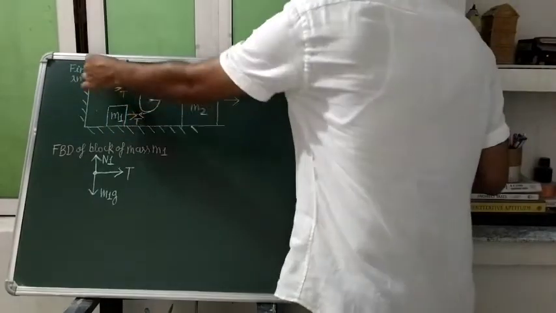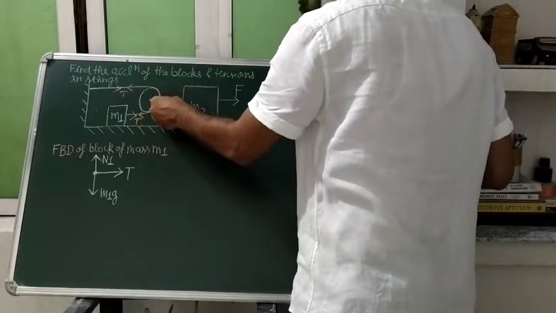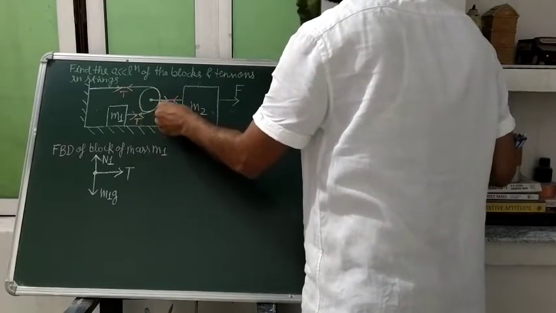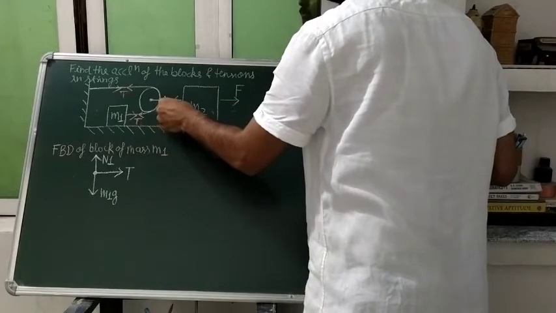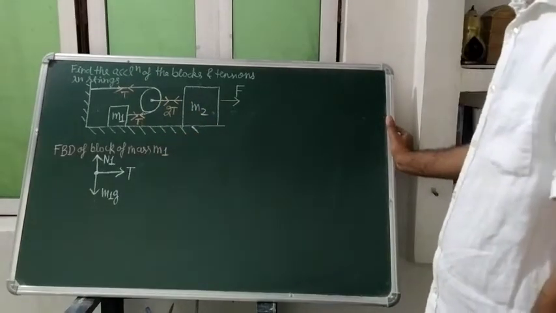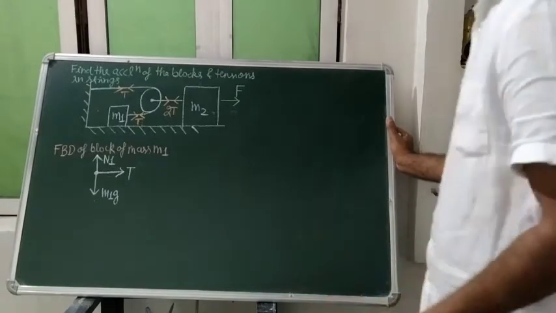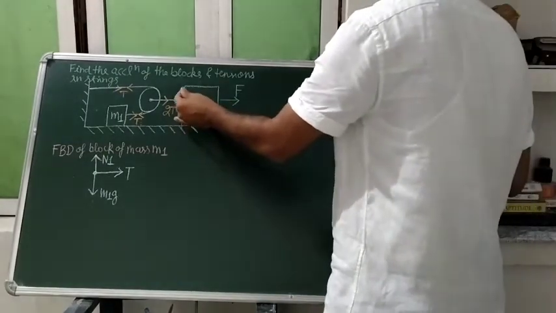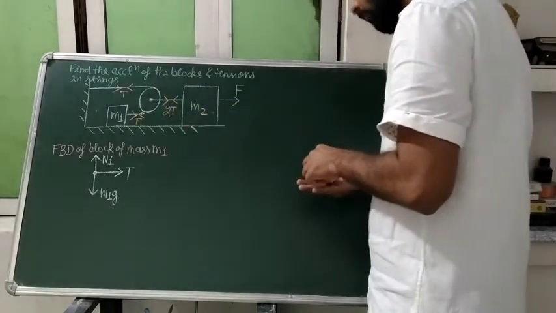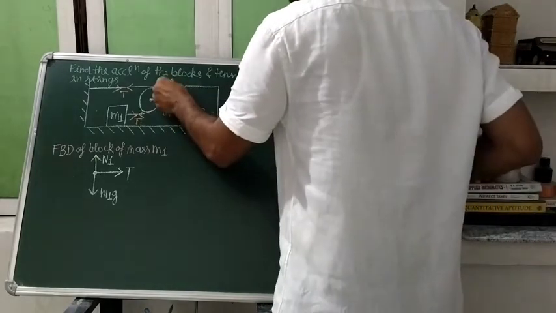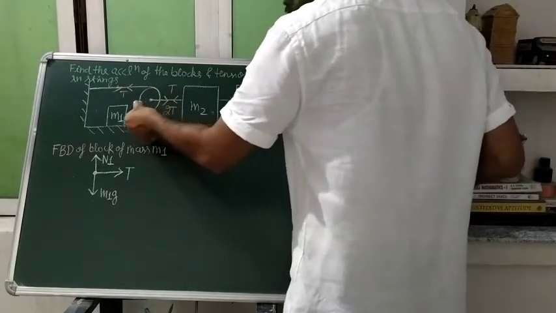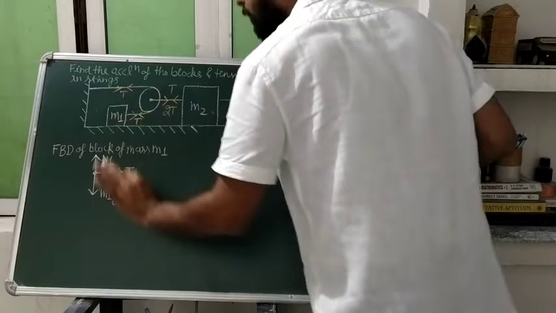Here T is acting, so the tension will be twice T. Or you can assume the tension T here, in which case the tension here will become T by 2.